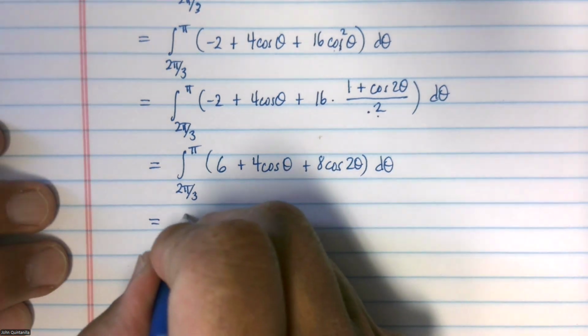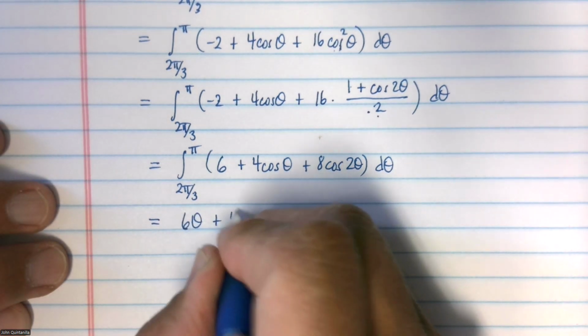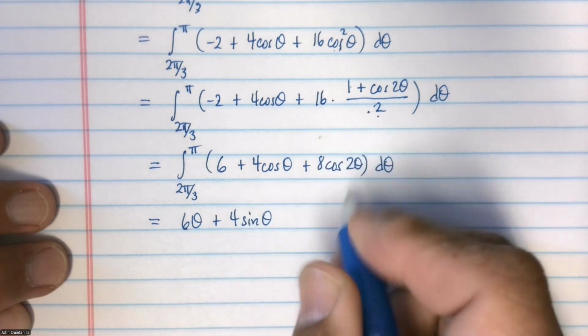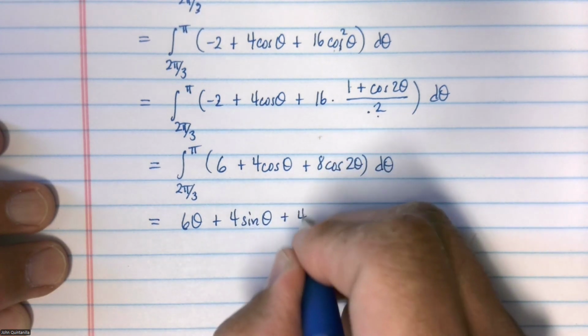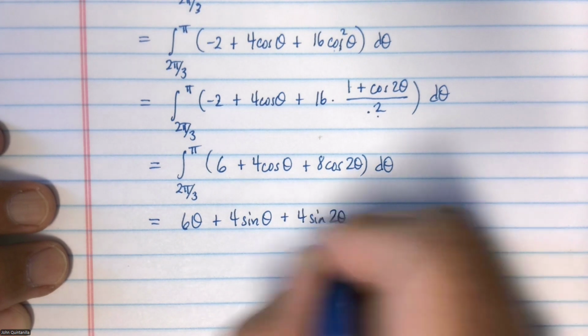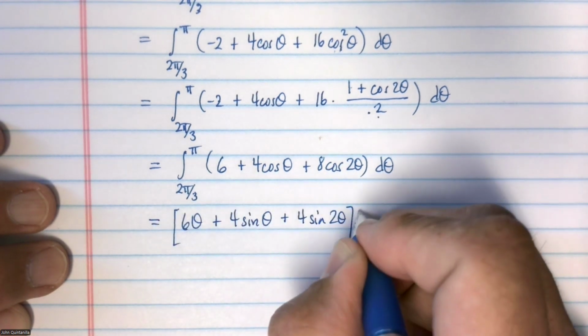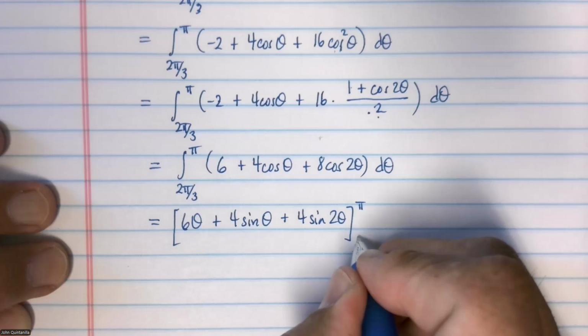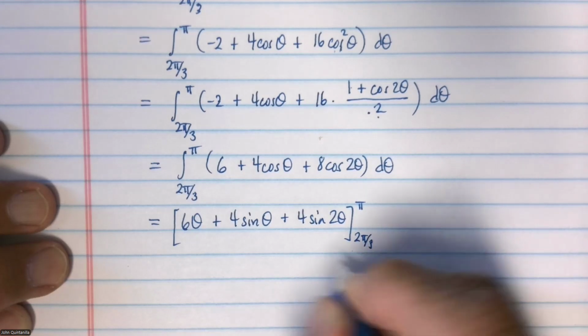Okay, now I integrate. So 6 theta plus 4 sine theta. Then I have plus 4 sine of 2 theta, evaluated between pi for the upper limit and 2 pi over 3 for the lower limit.